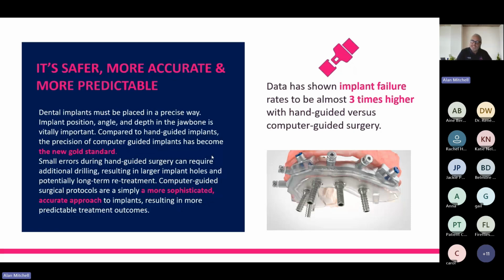So with the planning that goes into where the implants are going to be placed, we're getting the implants into the optimum amount of bone and into the correct position that we need to give us the desired outcome for the patient, and also for the long-term benefits as well.